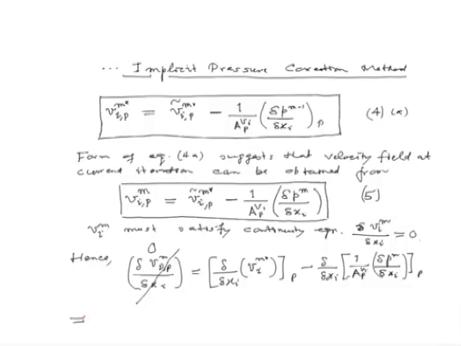So, this leads to our discrete pressure Poisson equation: delta over delta Xi of 1 by A P VI delta P M over delta Xi at computational node P should be equal to delta over delta Xi VI M star.